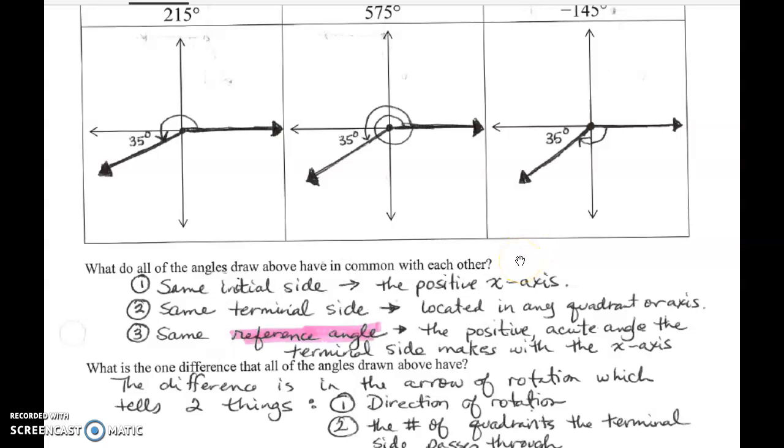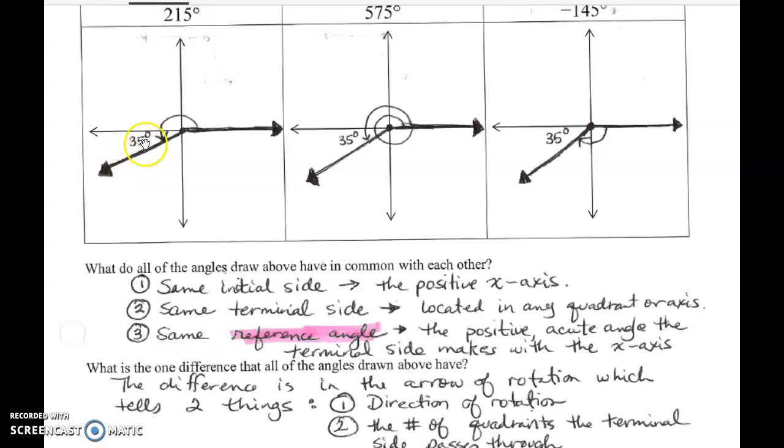And then where we end is called the terminal side. If you've ever heard of a train terminal, that's where the train ends. Or an aeroplane has a terminal. It's where the plane finishes its flight. So they both terminate or end at the same place. Or all three of them, I should say.